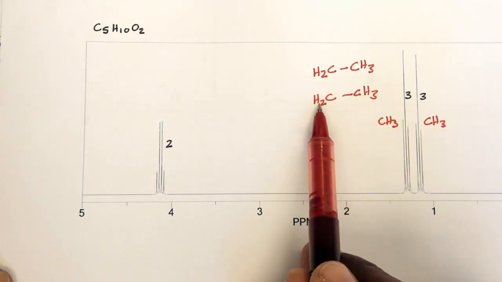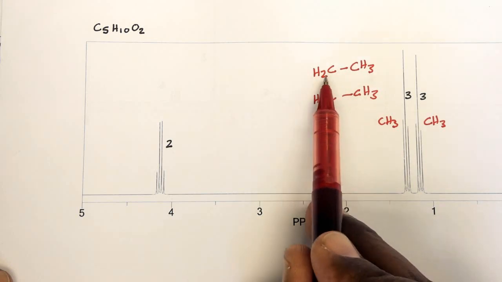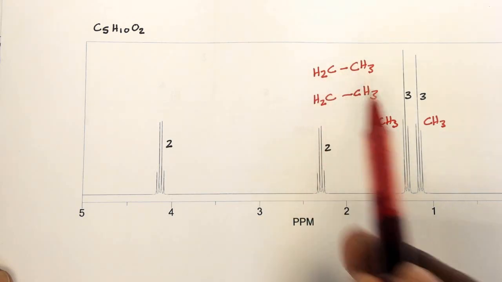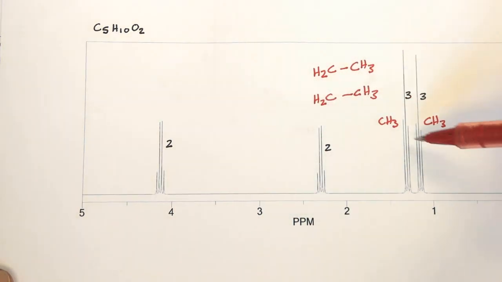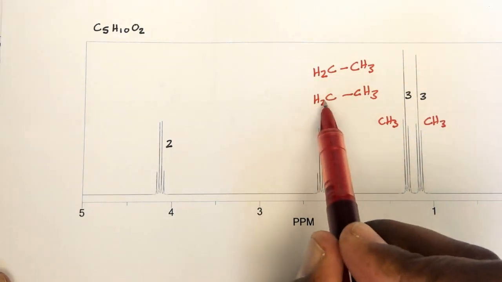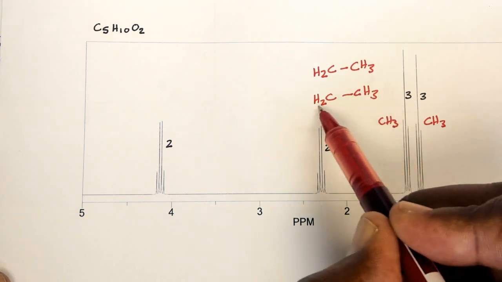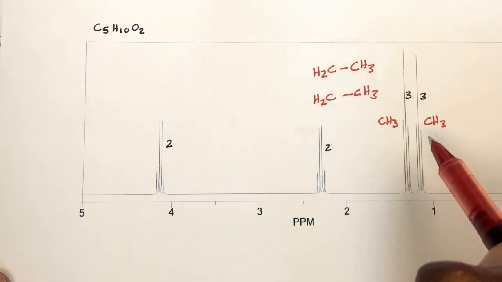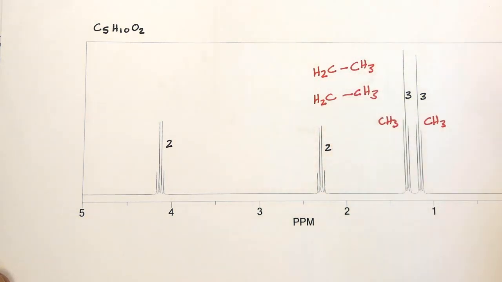So 2 hydrogens, the n+1 rule: 2 + 1 means that this is a triplet. So these 2 methyl groups will be triplets. It's very important to note that the CH2 group itself will not be a triplet, but the methyl group adjacent to the CH2 group will be a triplet. And that's what we see here and there.